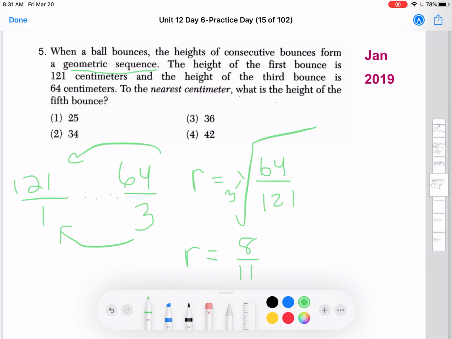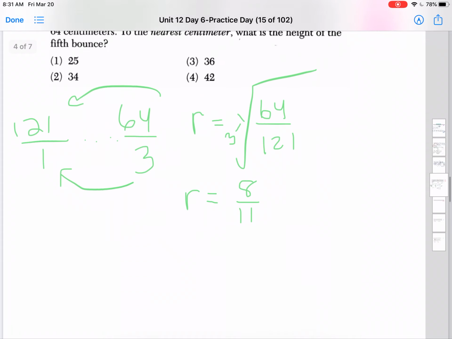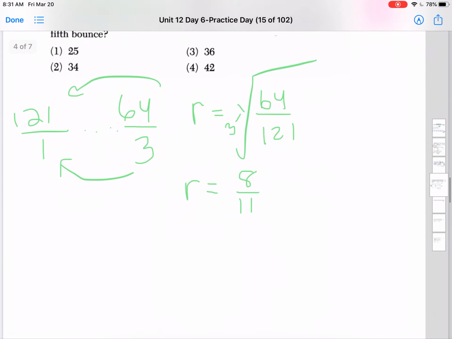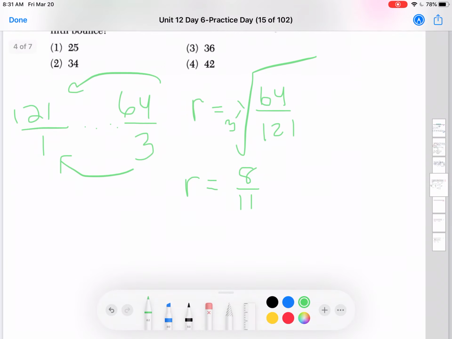Okay, so if we want to find the fifth bounce, let me just make more space here. And it says to the nearest centimeter, right? Look, we're at 3 right here. We can just sit there and multiply, okay?